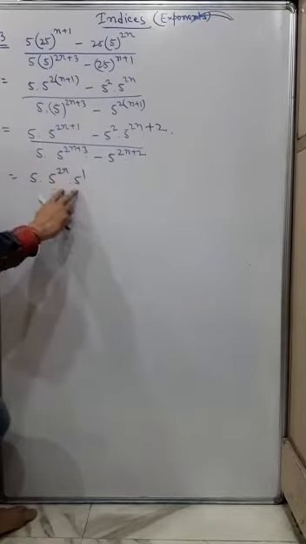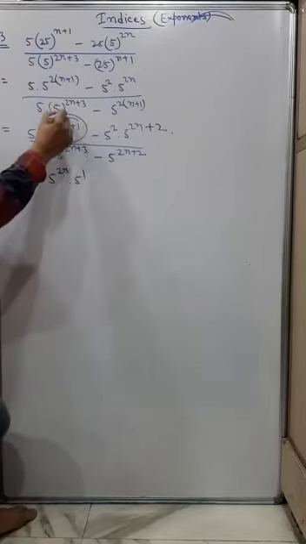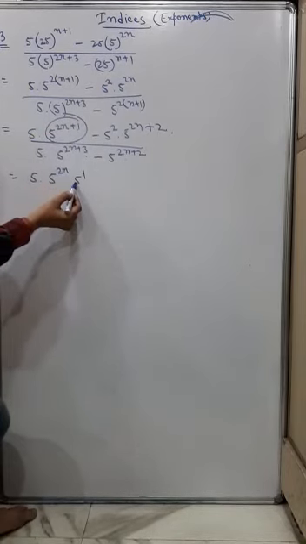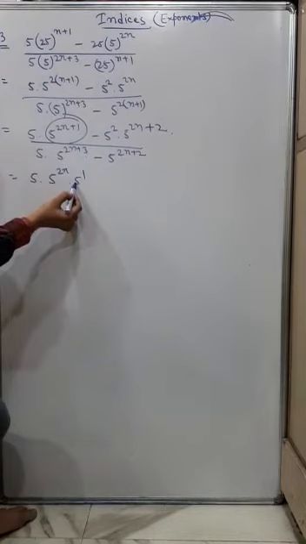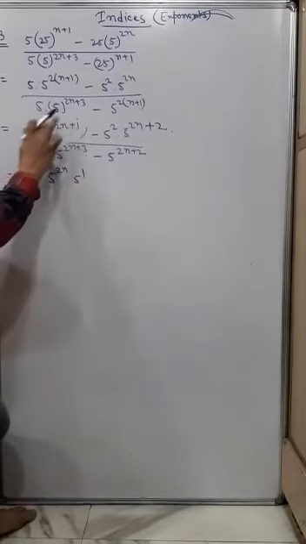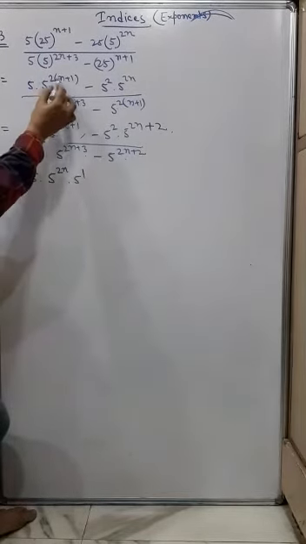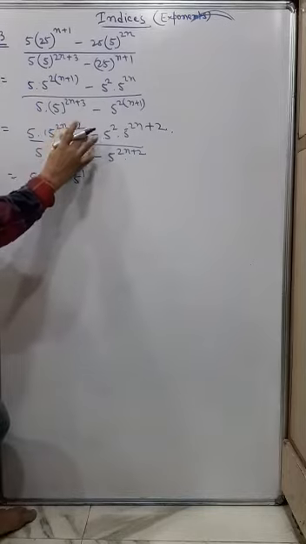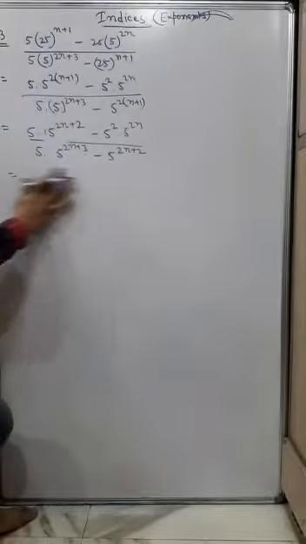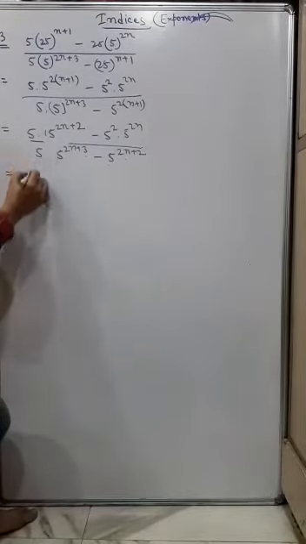I'm splitting this one. So this is 5 to the power 2n. Oh, sorry, one mistake we have done. This will become 5 to the power 2n plus 2, right. And this one is okay. So no problem.